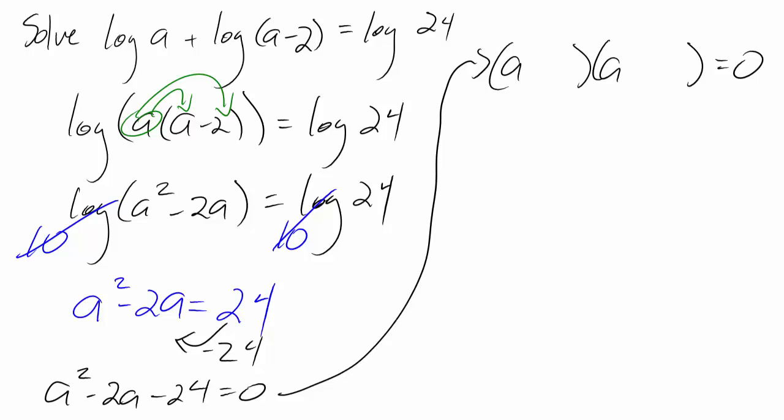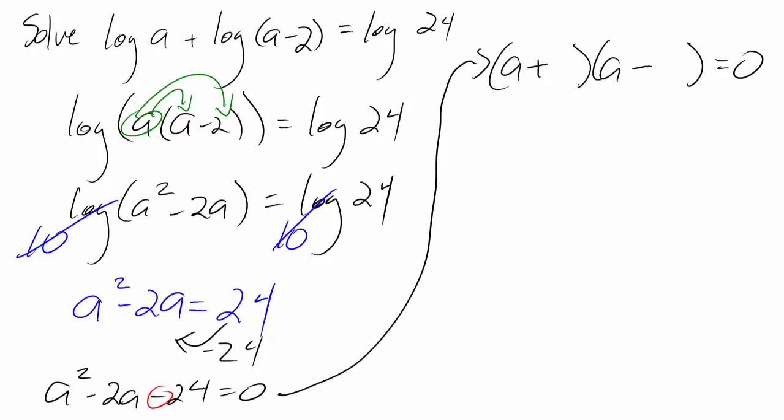And 24 is negative. So when you have a minus sign here for our constant term, that's going to tell us we're going to have one of each sign, so one positive and one negative. And so we want to look for factors of 24 that will add up to negative 2.